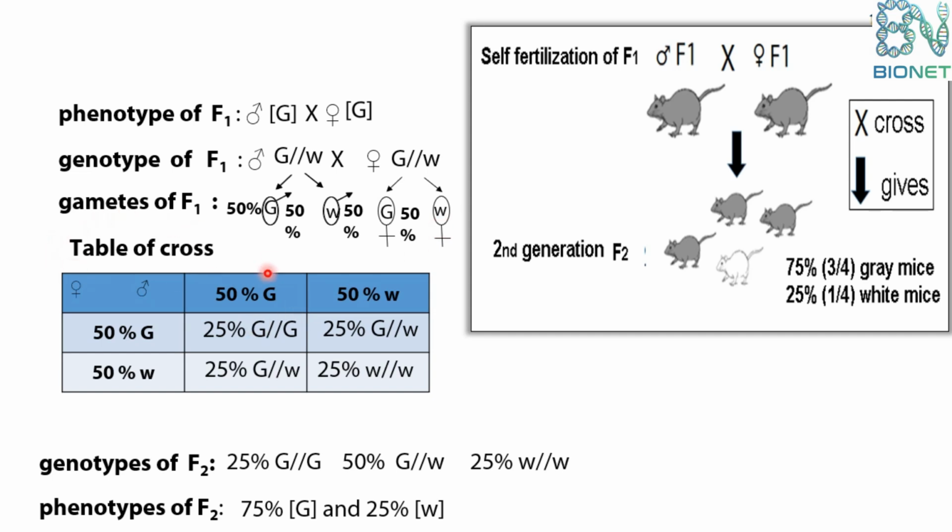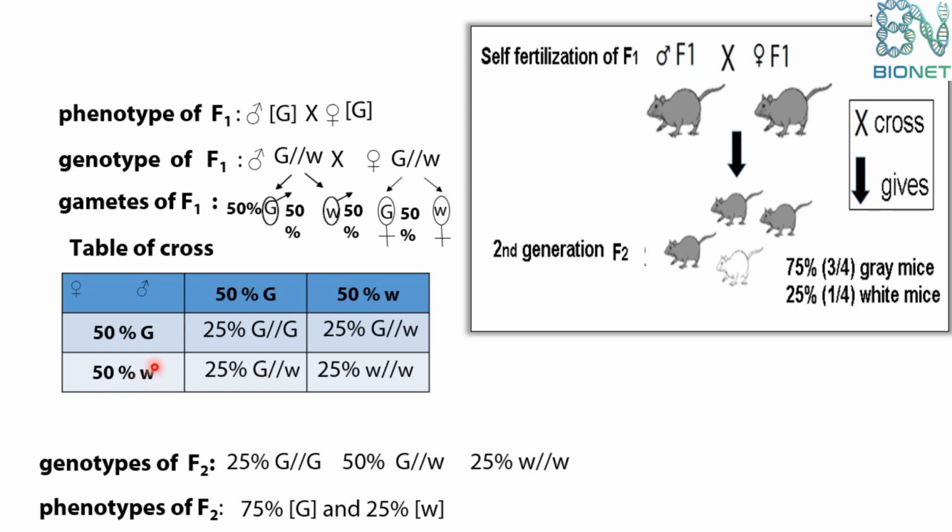Then we make a table. We put the gametes produced by each parent. The gamete carrying the allele G will unite by fertilization with the gamete carrying the allele G. The result will be a zygote of genotype GG. Here, the gamete carrying the allele G will fuse with the gamete carrying the allele W, giving a zygote of genotype GW.